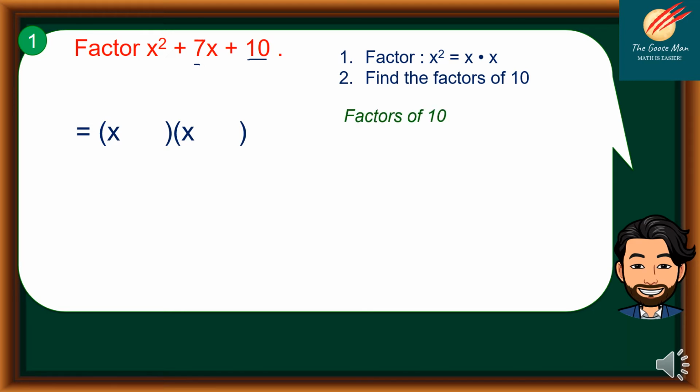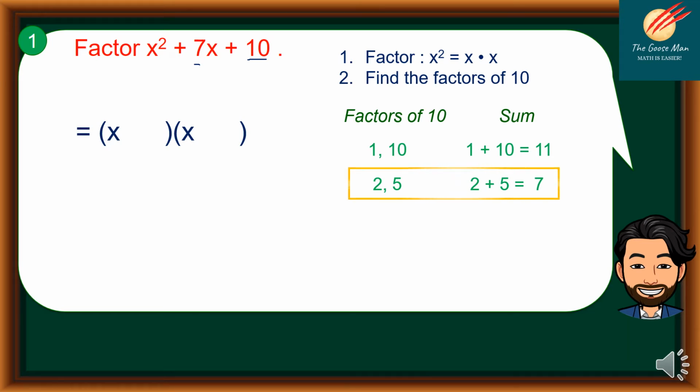Again, let's look for the factors of 10. The factors of 10 are the following. We have 1 times 10, or 1 and 10. If we add this together, this is 11. So we are not looking for the sum of 11. We are looking for the sum of 7. Next, 2 and 5. So 2 times 5 is equal to 10, and 2 plus 5 equals 7.